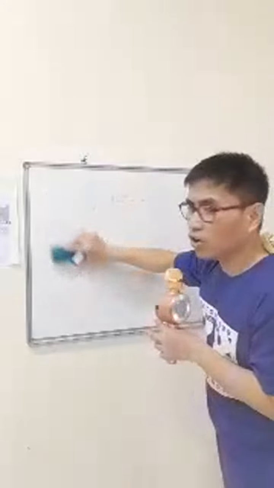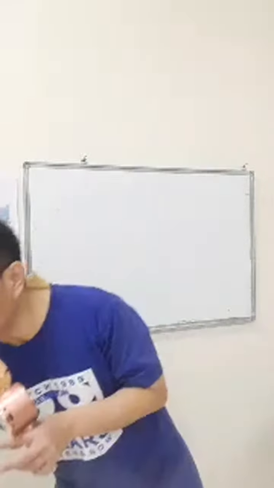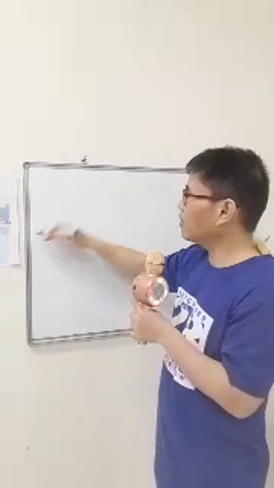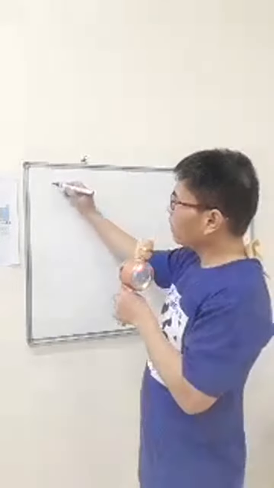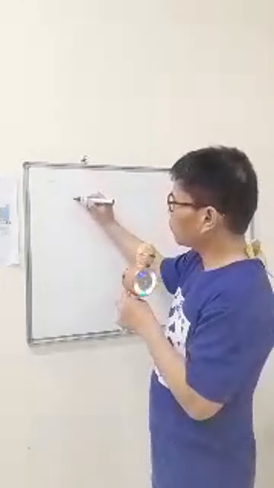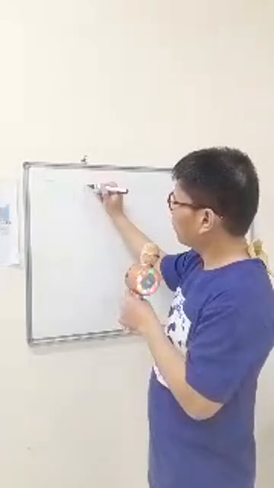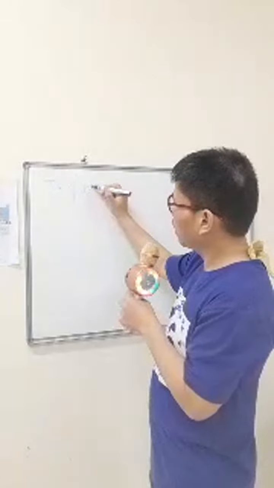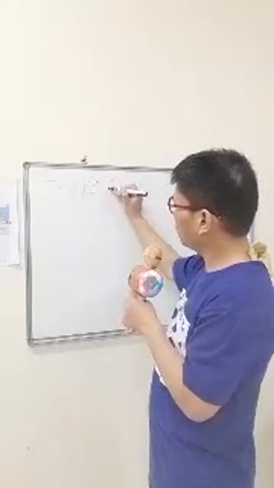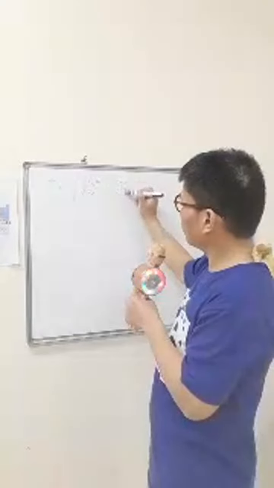Not only that, but it also applies to tension, for example tension in a rope, when you stretch the rope and pull the rope. It can be applicable: tension is equal to the square root of the horizontal tension Tx raised to the power 2 plus Ty raised to the power 2.